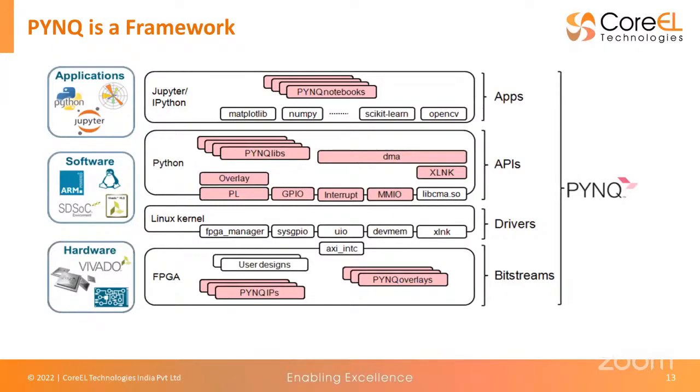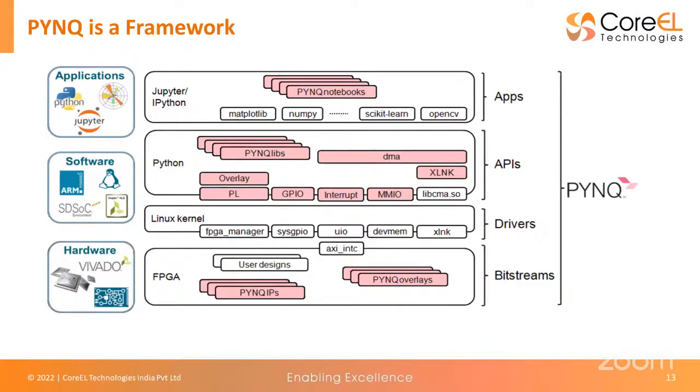So what essentially is happening from the top, what we're going to do is write an application within Python, right? Using Python within the Jupyter notebook, and those notebooks are linked to your Python libraries, your DMAs and your Xilinx libraries, and those are in turn connected to your programmable logic, GPIOs, interrupts, and your overlays, right?